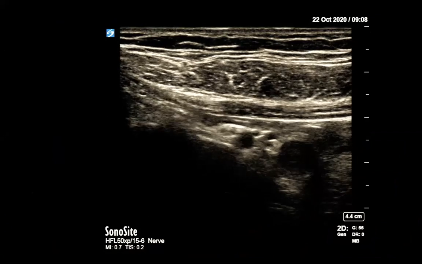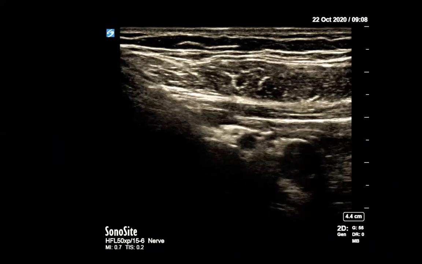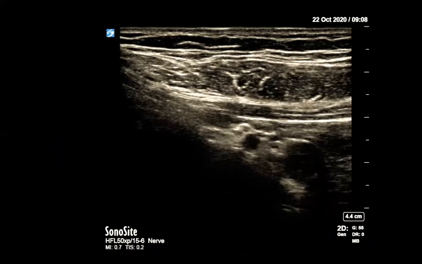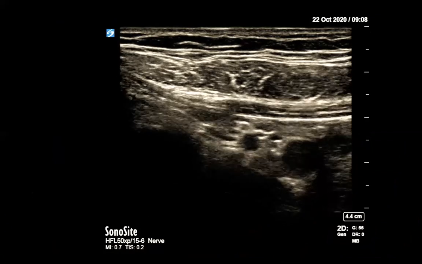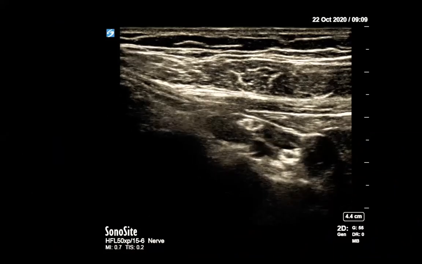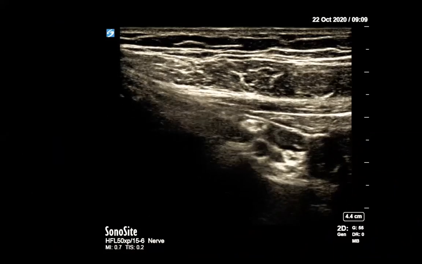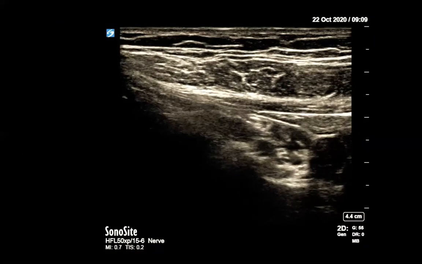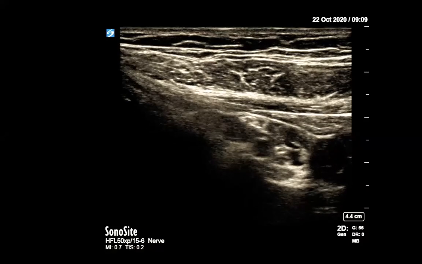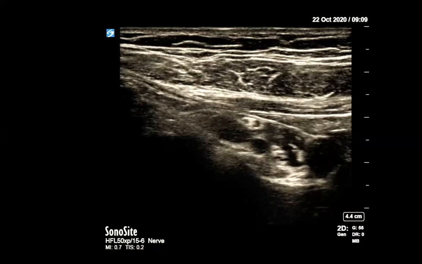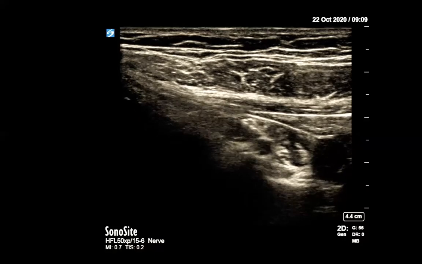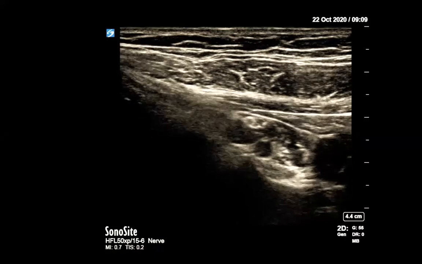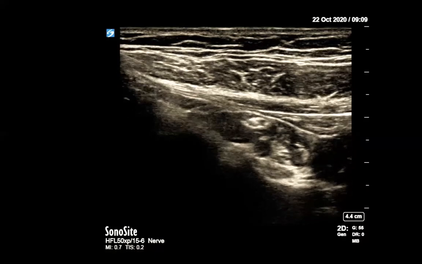You can see the local anesthetic spread around the lateral cord. Now the needle has been redirected to the medial cord. Local anesthetic spread around the medial cord. The needle is withdrawn to the lateral cord and drug is injected around the lateral cord.